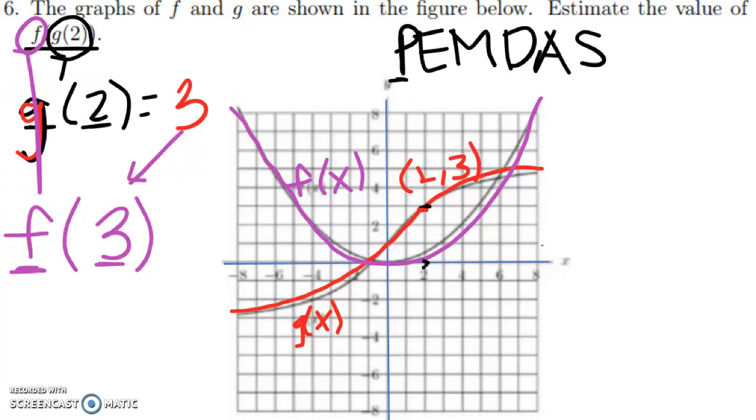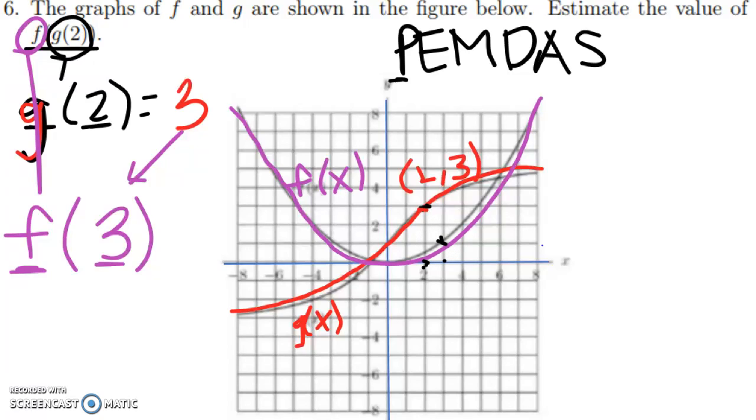So I'm going to go on the x-axis to x equals 3, which is right here. But now instead of looking at the red function, which was g of x, I'm going to look at the purple function because, again, I'm wanting to find f of 3. So f of 3 looks like it's happening right here.